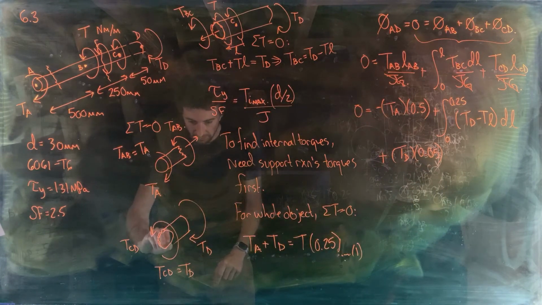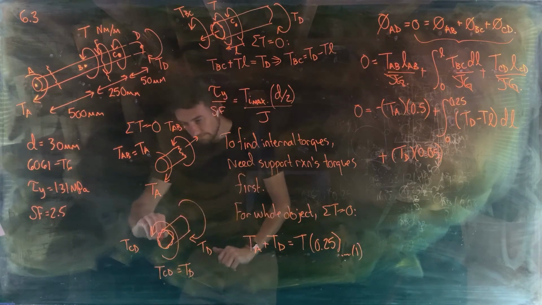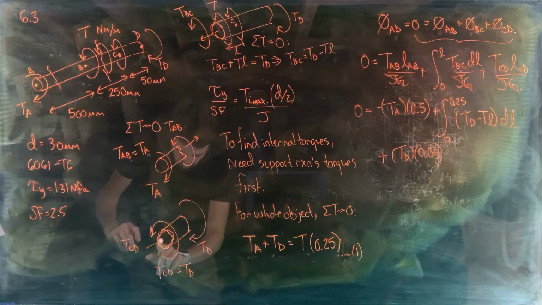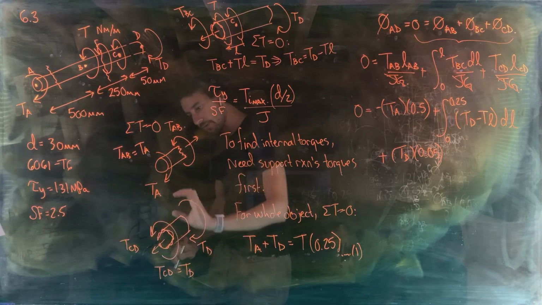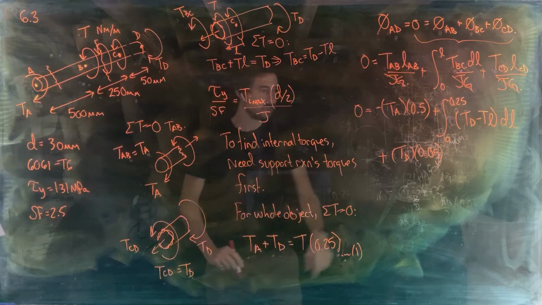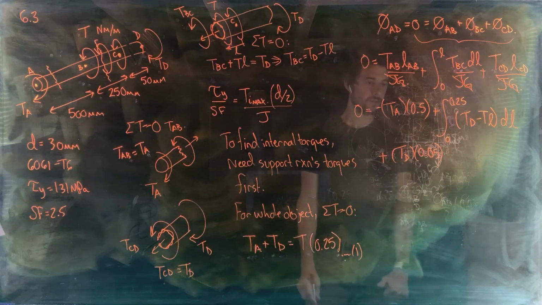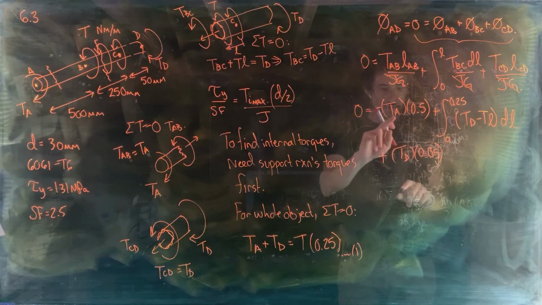Our section cut is that section there. Thumb points out of the section cut in the direction of the arrow there, fingers curl in the direction of a positive internal torque. They are curling in the direction of TCD, so that can stay as a positive there as well. So now we've got an equation that has TA, TD, TD, and T in it.